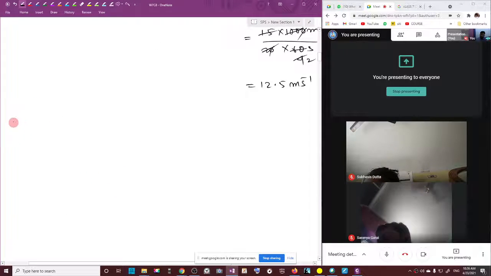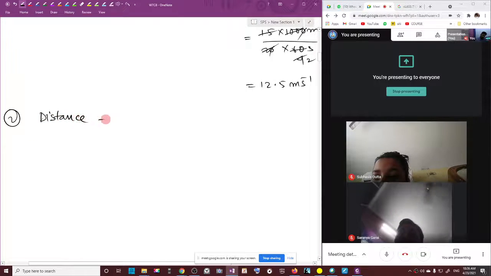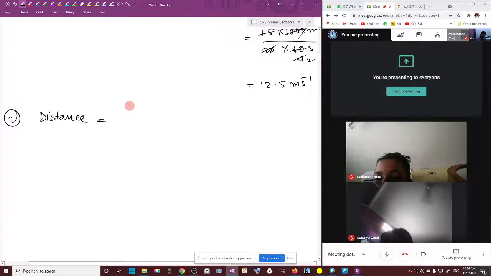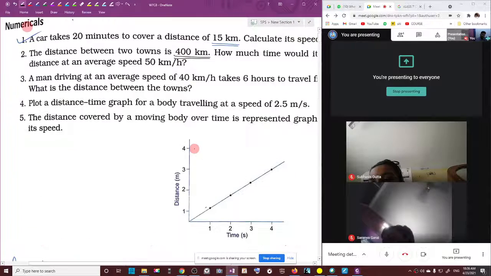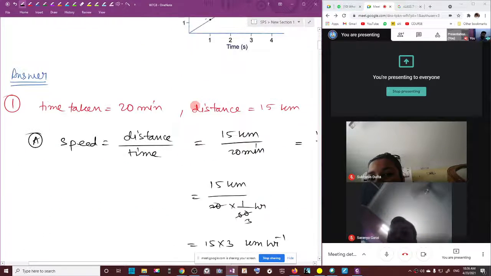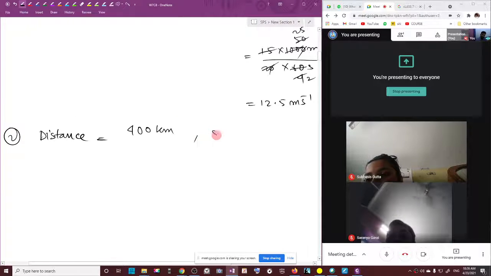The first part says the distance is 400 kilometer, and the second part says the average speed is 50 kilometer per hour.